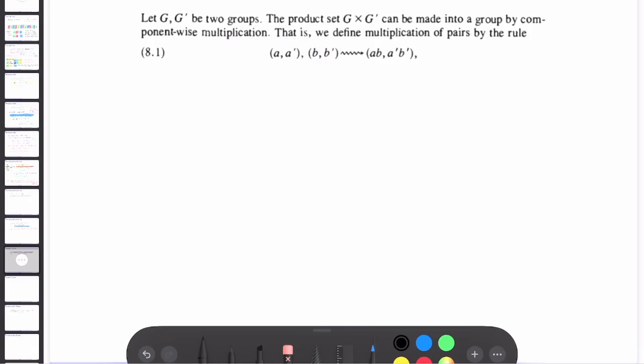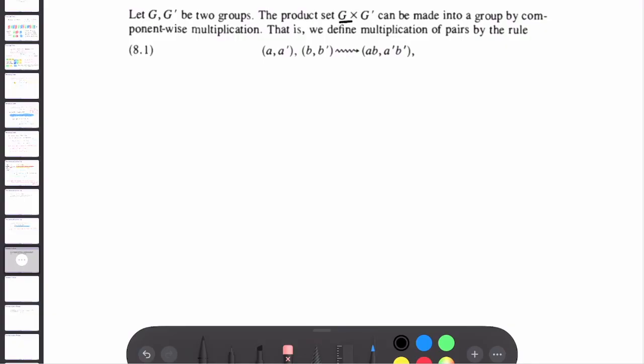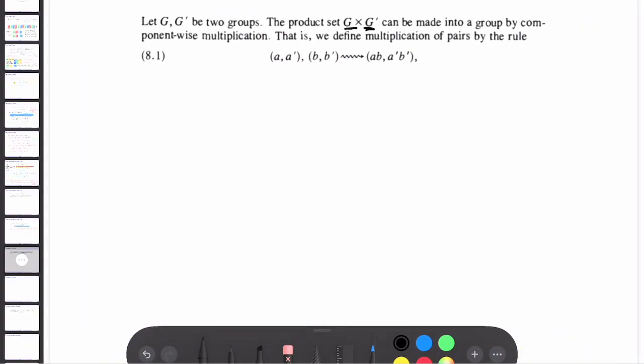But one of the most straightforward possible ways of doing it is to say: if I have two groups here, I'm going to create pairs where in the first coordinate we put elements from G, in the second coordinate we put elements from G prime, and you multiply them together component-wise. Very natural.